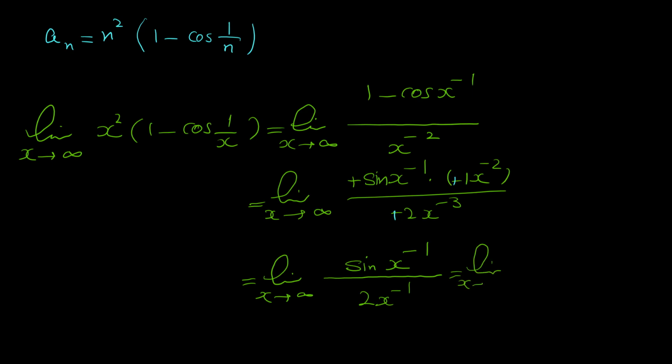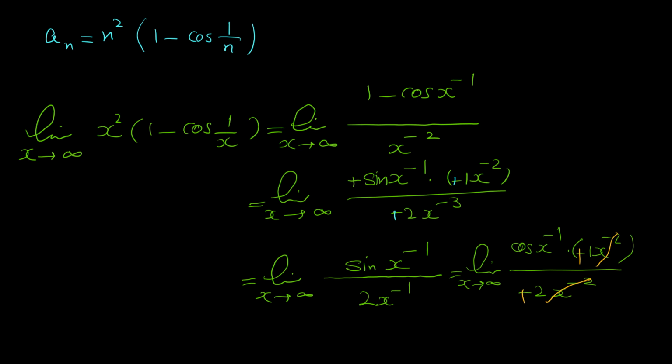Then we have cosine of x to the negative 1 times the derivative of the inside, negative 1 x to the negative 2, and the derivative of the bottom is negative 2 x to the negative 2. This cancels with this, negative with negative cancels.